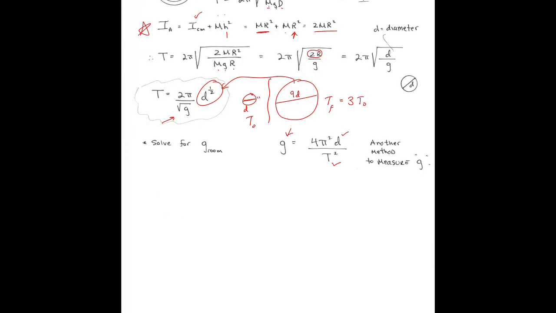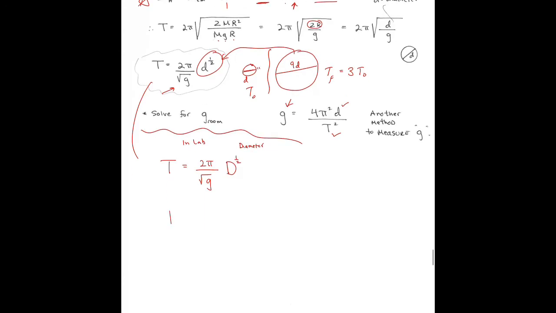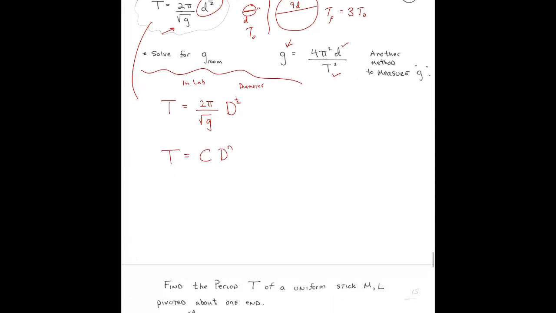Not to make it confusing, but in the lab, I think I use capital D for diameter. You're going to verify that this has the form of some constant times D to the n.